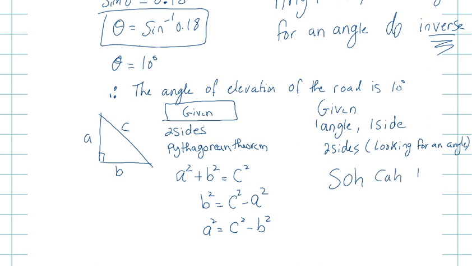If you're given an angle and a side, or if you're given two sides and you're looking for an angle, you have to use SOH CAH TOA. I'm going to add one thing here: two sides, looking for the third side.